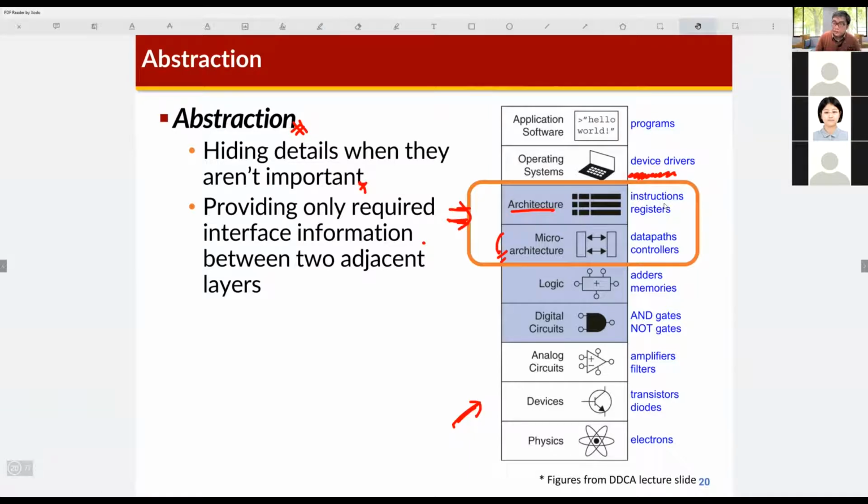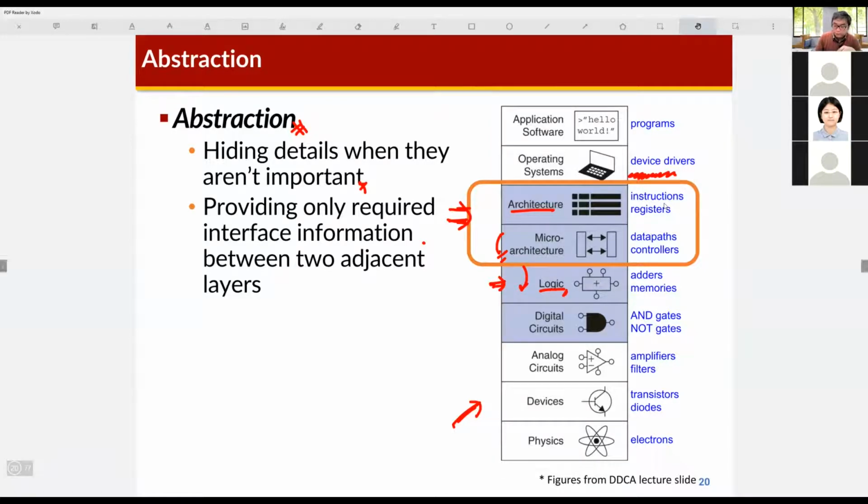And then in the digital logic design course, like COSE222, you need to learn about logic design. But as you can see, logic design is a lower layer of computer architecture.